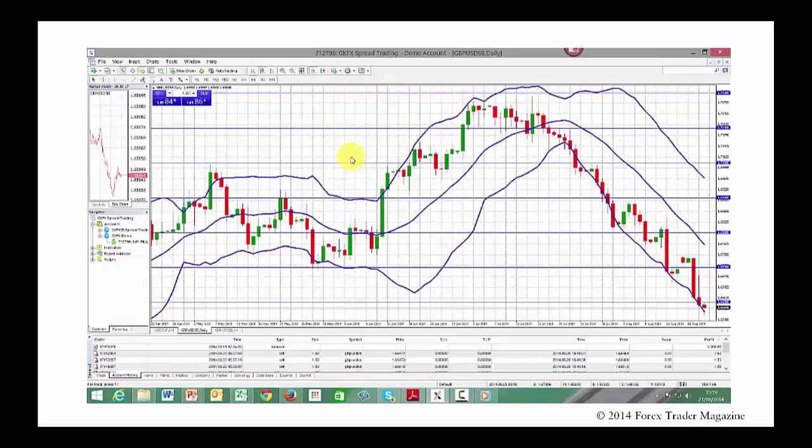The outer lines are 2 standard deviations, which is merely a statistical measure away from that center line. Quite frankly, we don't need to understand standard deviations or anything else. We need to know simply how can we use these lines. And let's begin to see what we can see.